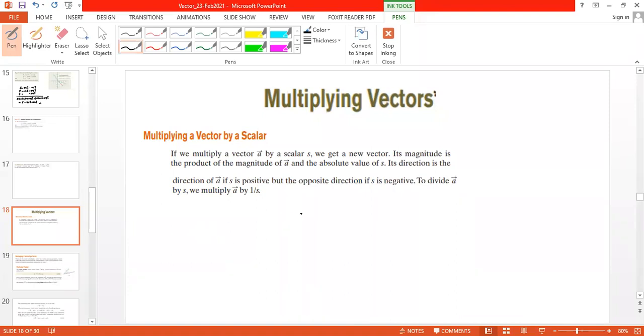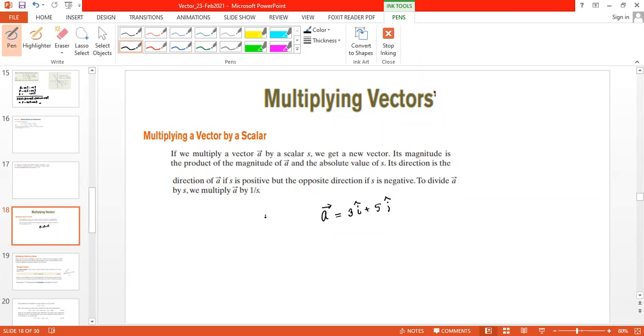For example, let me write it here. Small a is a vector, and this is defined as 3i plus 5j. Then I want to multiply it by a number.